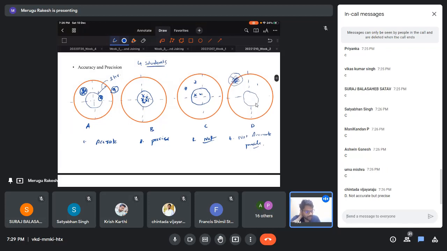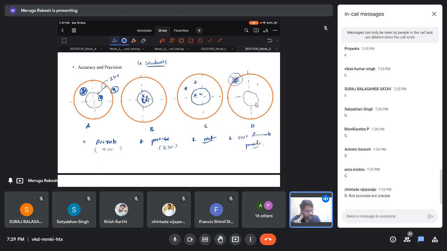Accurate is the student who is exactly sticking to the time 9, exactly 9 every day. And precise is like he is sticking to some time between 8 and 9, say 8:30, and he comes exactly at 8:30. And the other is his wish, like he can come at any time, neither accurate nor precise.